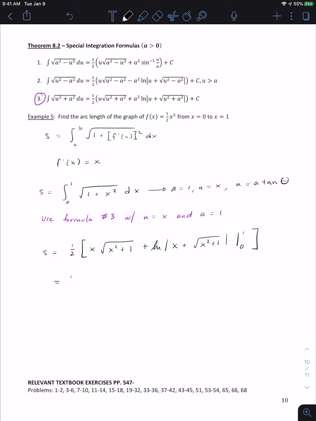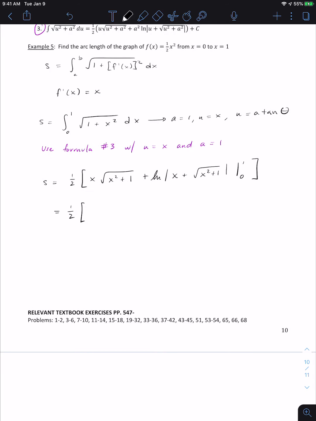right? So here I get 1/2, and now for 1, I get 1 times the square root of 1 squared plus 1, so this is radical 2, plus ln of 1 plus radical 2, and then subtract. Now I plug in 0, so the first term goes away. If I plug in 0 there, the second term is ln of 0 plus the square root of 1, so ln of 1, which is 0.